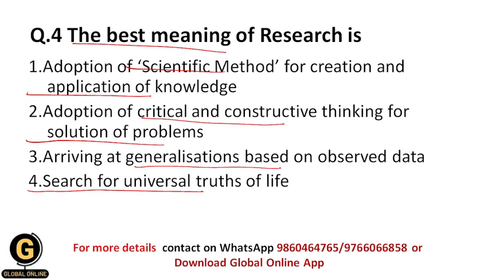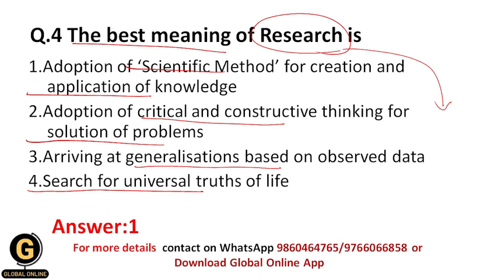So basically, students, as we have seen in this video, research is the systematic way to solve a specific problem, right? That's why research adopts a scientific method, and based on that method we can create and apply our knowledge so that we can solve that specific problem. That's why the best meaning of research is the adoption of scientific method for creation and application of knowledge.